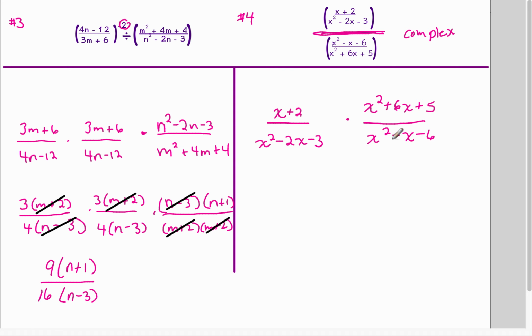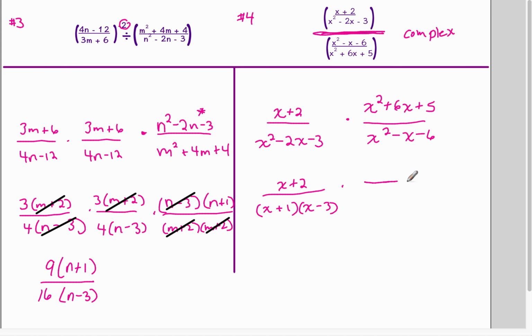Whenever I am multiplying fractions, I look to factor to make them smaller. Okay, this first fraction right here, that's x plus 2. That can't happen anything there. X squared minus 2x minus 3, that's the same thing as this one over here that used n's. And this time it's x's, so it's x plus 1, x minus 3.